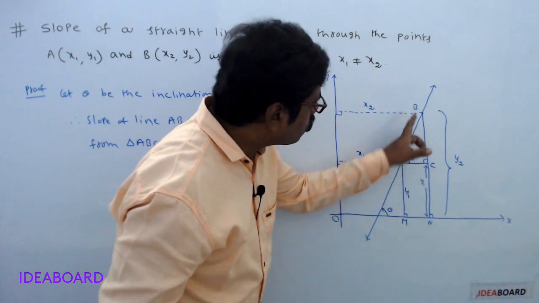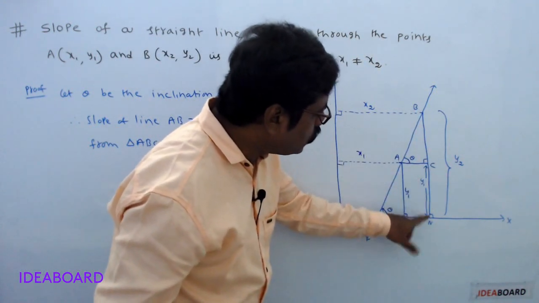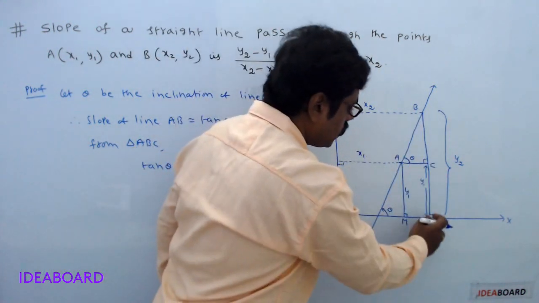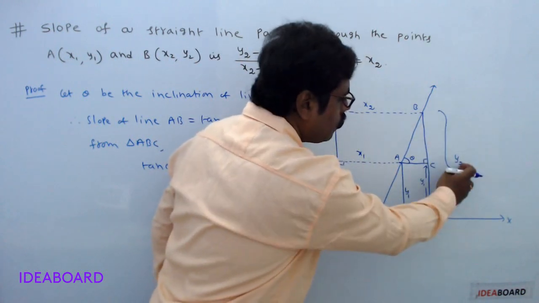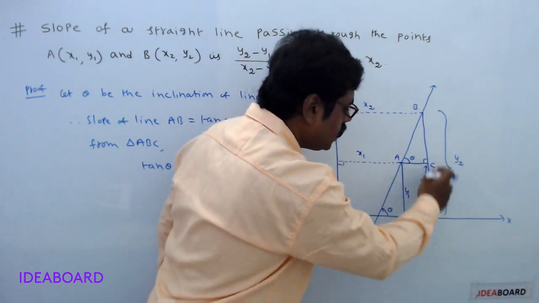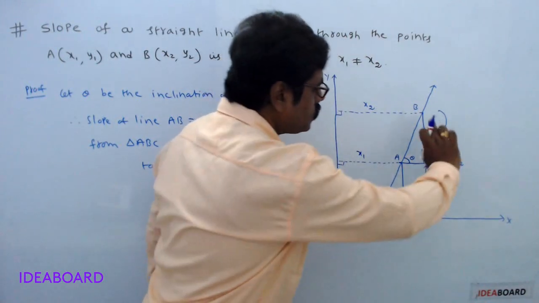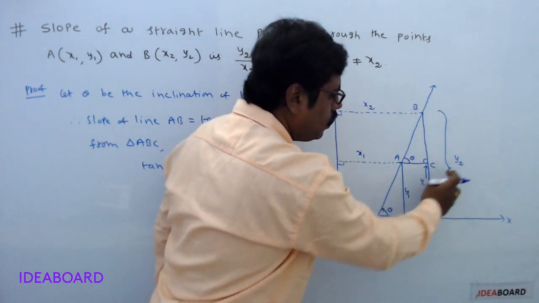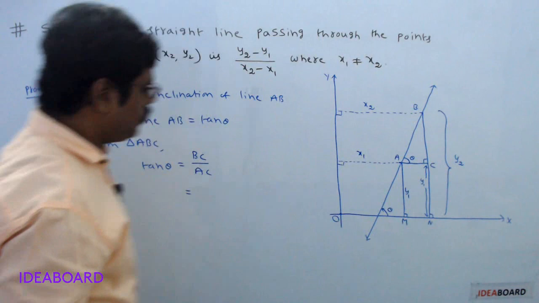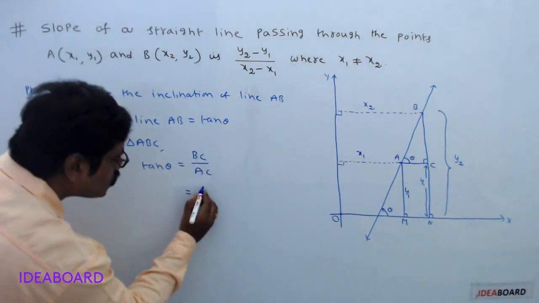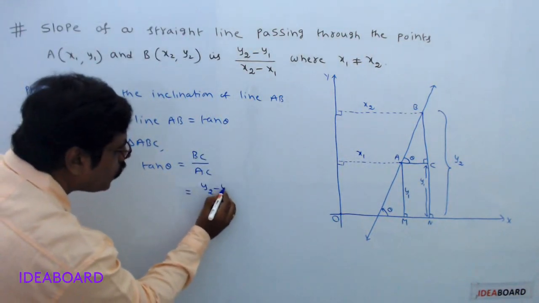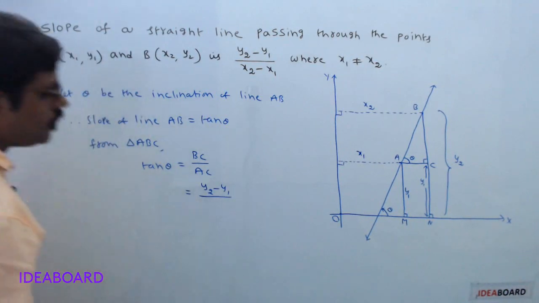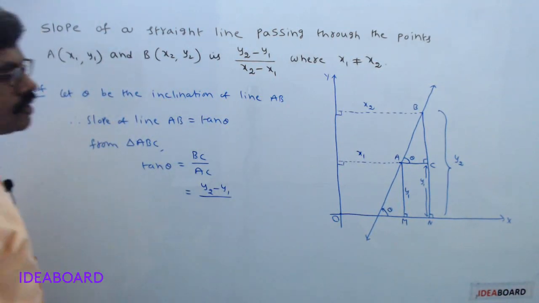So BC equals BN minus CN. BN is nothing but this full length y2, minus CN, which is y1. So the BC value is nothing but y2 minus y1. So in place of BC, write y2 minus y1, divided by AC.